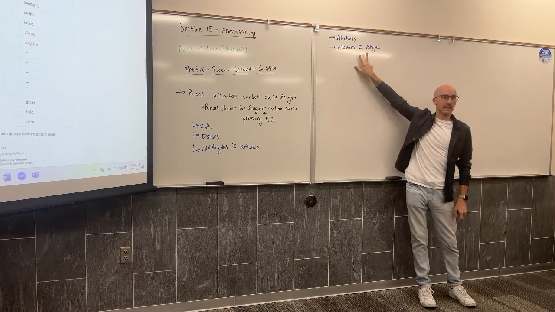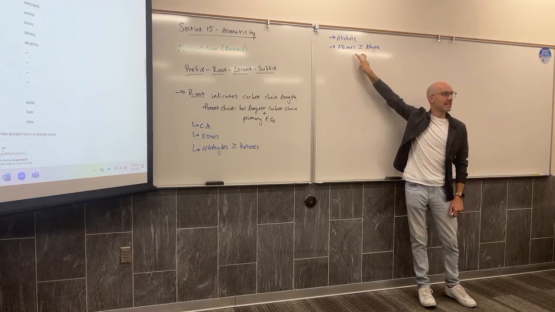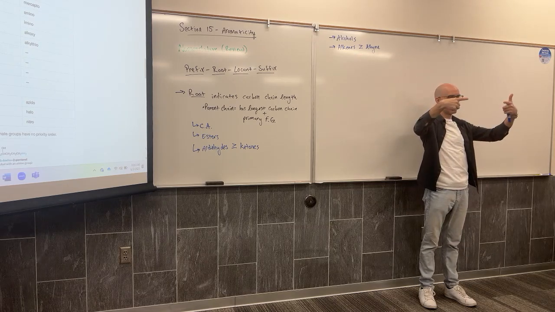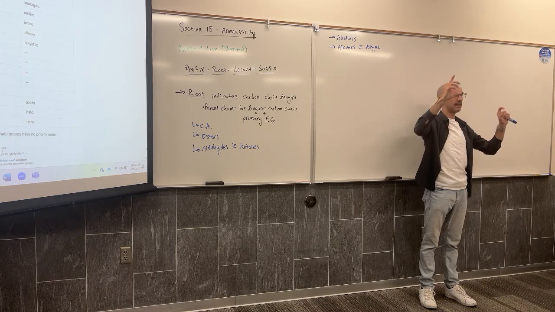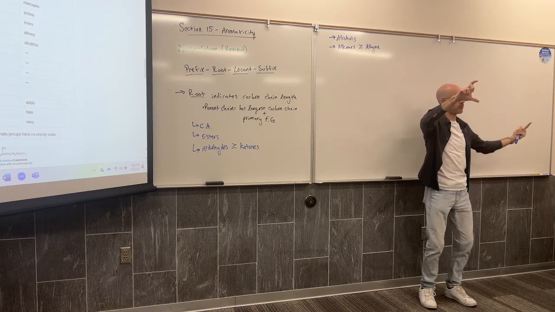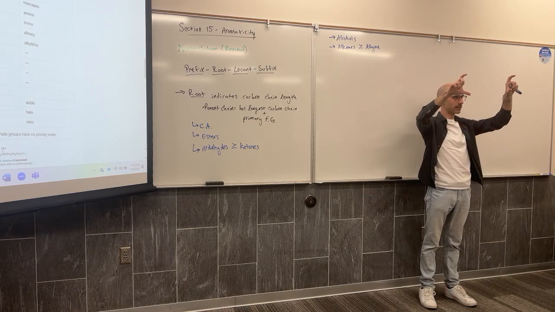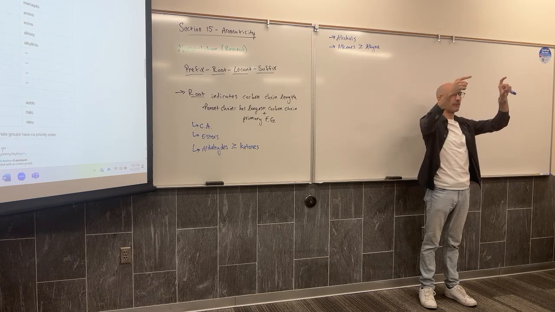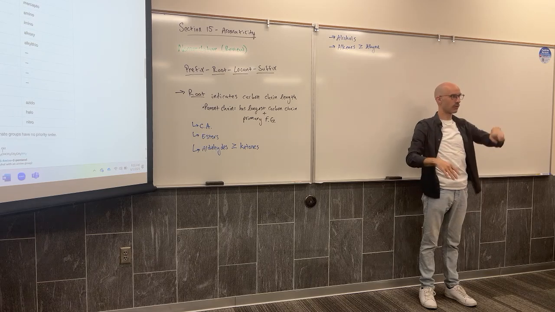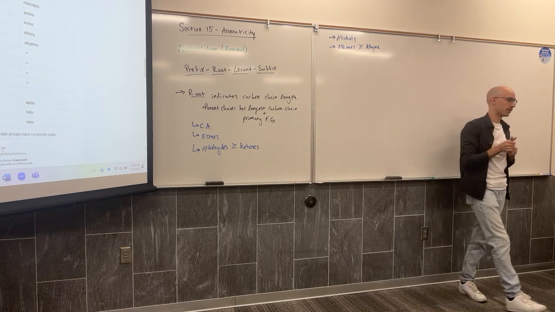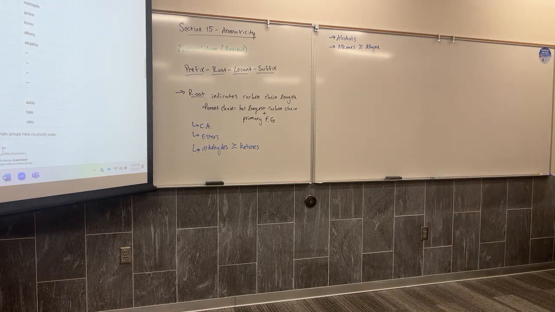The only reason that you would need to distinguish between these two is if you number from different sides of the chain and they get the same locant. Number from the left-hand side and the alkene gets locant 2. Number from the right-hand side, the alkyne gets locant 2. Which way should I number? My locant set is the same. Well, I'm going to number it in such a way that the first alphabetically gets its lowest locant, since the name is organized alphabetically. This is why we prioritize our alkenes over alkynes.